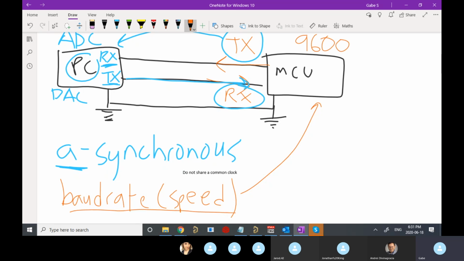And for a very simple example, you can imagine the baud rate as bits per second, right? Once you get a little fancier, baud rate doesn't always equal bits per second. You can do some other very interesting things, but at its most basic, you can imagine baud rate as bits per second. So that means if I had those 8 bits to send, right, across, I could send 9600 of these every second.